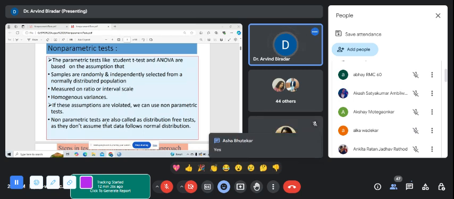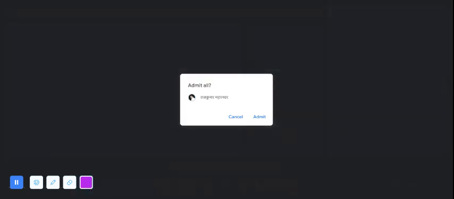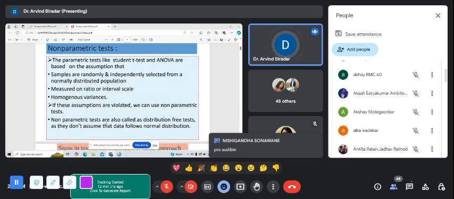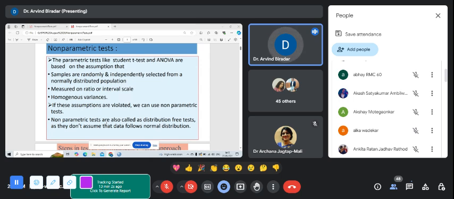The third condition is that the data is measured on a ratio or interval scale. You can understand this while solving problems. Next one is homogeneous variance.